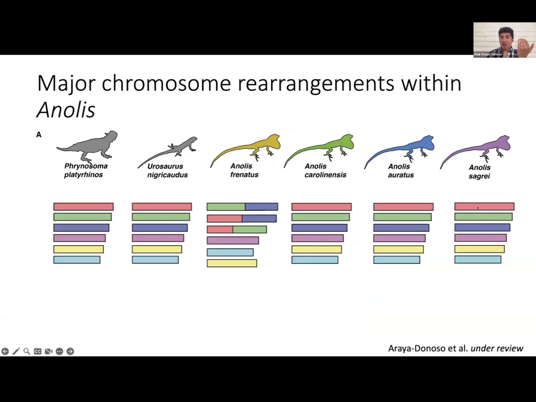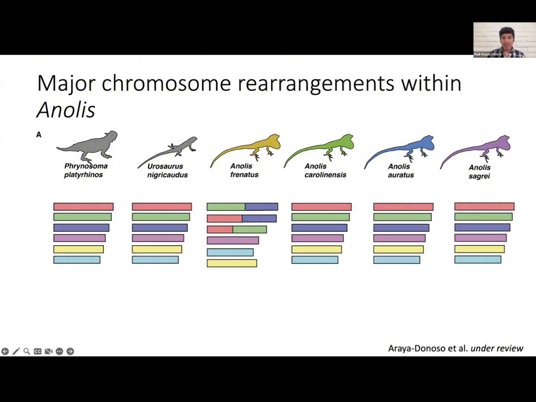And you can see that they are physically very similar. So you see that the first chromosome is red for all species, except for Anolis frenatus. So you can see that here we detected some really weird thing going on in the first 3 chromosomes of Anolis frenatus, that they are differently rearranged.